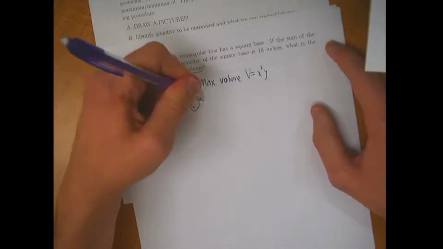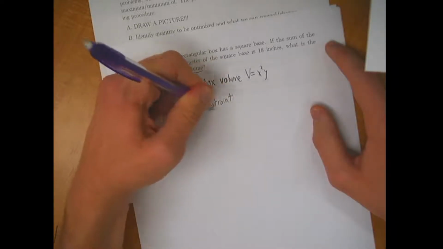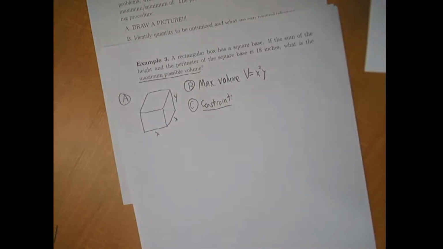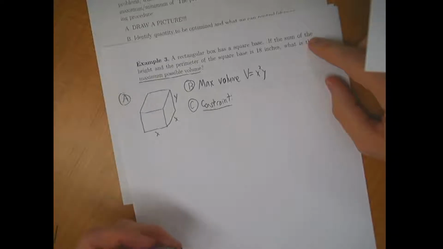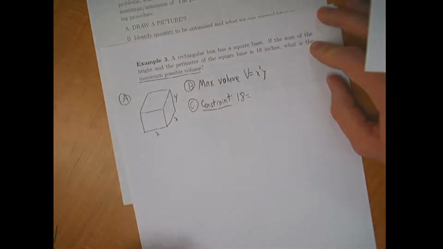But now part C, our constraints. Here's where things get a bit more interesting. The sum of the height and the perimeter of the square base is 18 inches.